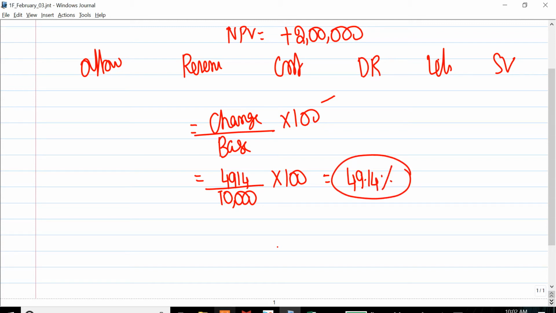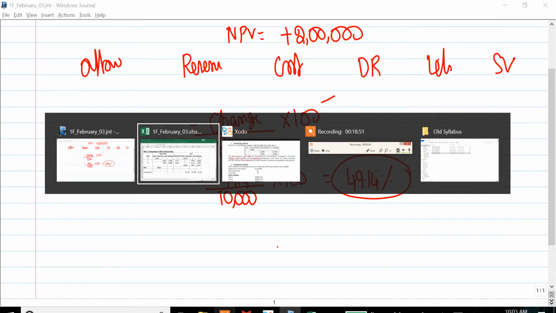Change is 4914, base is 10,000. I am indirectly telling the project has a cushion to absorb a 49% increase in cost. But if the cost goes beyond 49%, project is rejected. Any doubts on this?